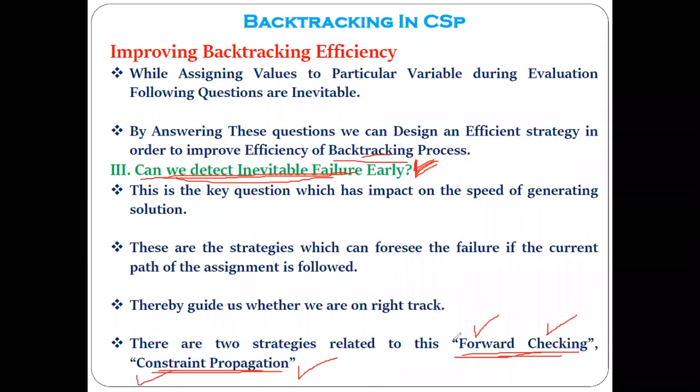If these techniques are followed while solving a problem using the constraint satisfaction approach with backtracking, it becomes possible to reduce the number of backtracks, which means improving the efficiency of the backtracking technique. Got the point?